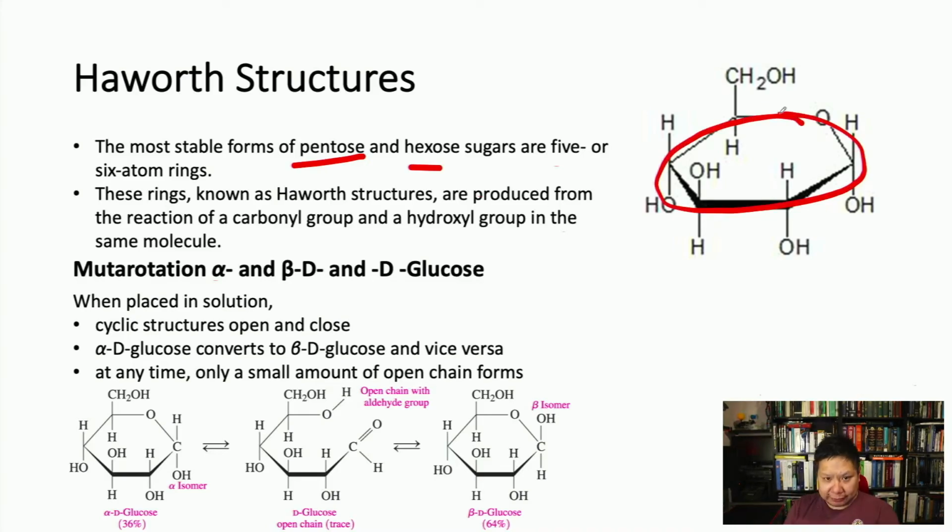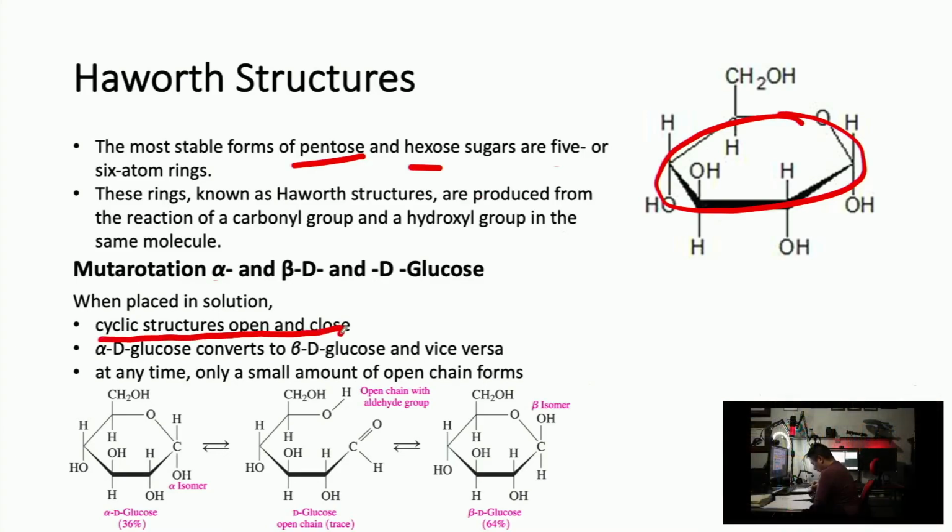And so what happens is that the straight chain will cyclize, right? And in solution, it's a mixture of the alpha version of glucose, for example, and then an open chain glucose and the beta version of glucose.